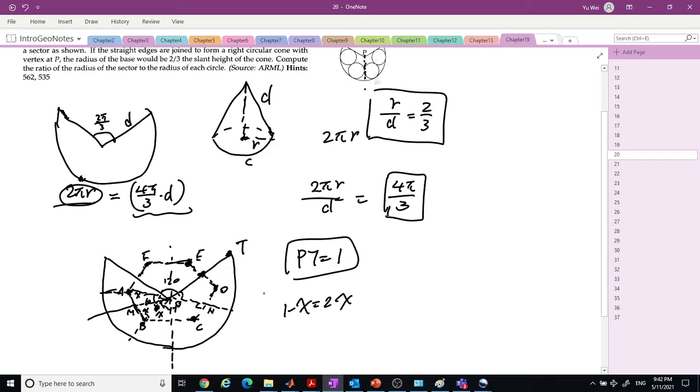Here is the 1, so 1 minus X, because here is the X, right? So this is 1 minus X here, and this is the 2X. We have an equilateral triangle here. So now we can see X equals 1/3, okay?